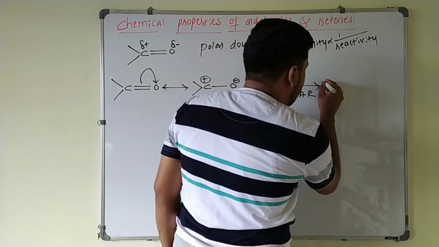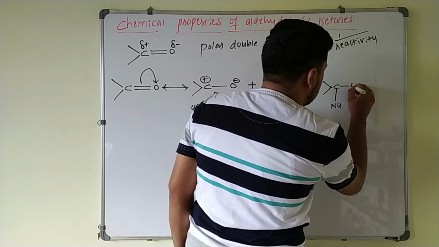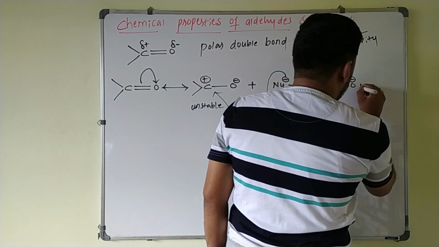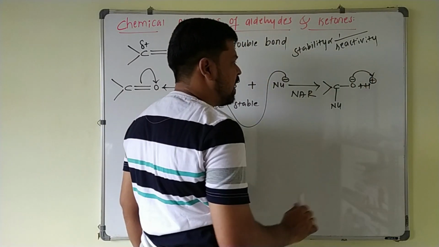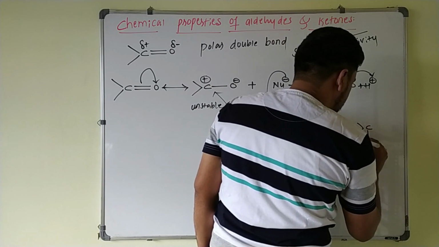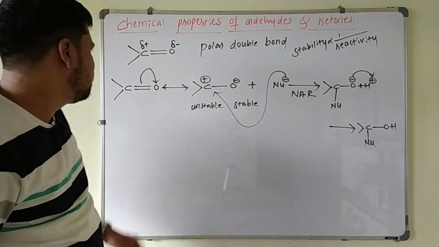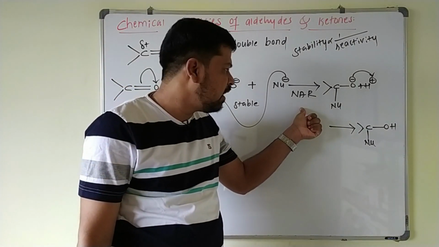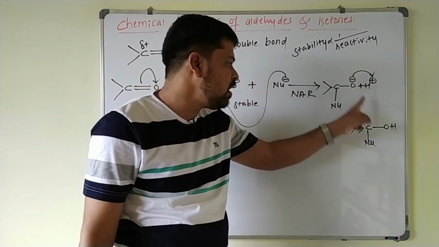What will be added here? To this carbon the nucleophile is added, so the oxygen will have a negative charge, and it will acquire a proton from the medium, so that a proton is added to the oxygen. Ultimately, the nucleophile is added to the carbon and the electrophile is added to the oxygen. So this carbonyl group will undergo a nucleophilic addition reaction, where the nucleophile is added to the carbonyl carbon and a positive species is added to the oxygen.